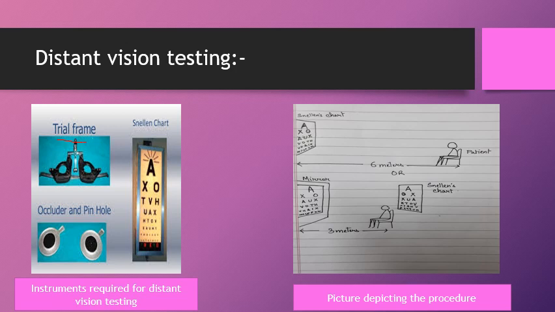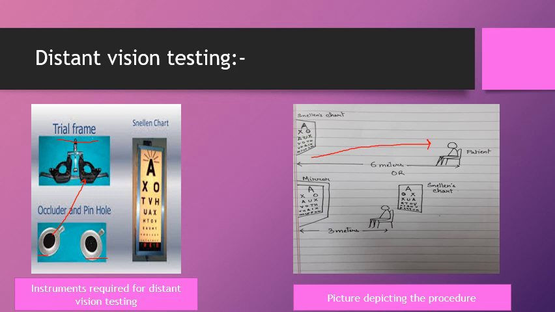The trial frame is shown in this figure here, and this is the occluder and this is the pinhole. This occluder first we'll place in the left eye so that we can check the right eye's vision first. So first we'll ask the patient to sit in front of the Snellen's chart.